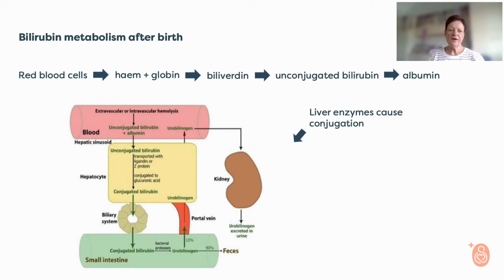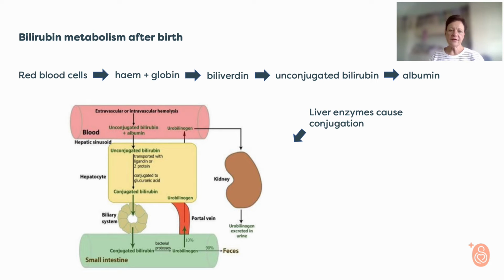excreted in some way. So what happens is we find that in the blood circulation, these red blood cells dissolve into heme and globin, which eventually forms biliverdin, which is an unconjugated bilirubin. Now, unconjugated bilirubin is fat soluble. And we will come to that, it is very important. Now, this binds with albumin in the blood and goes to the liver to cause the conjugation of this unconjugated bilirubin.